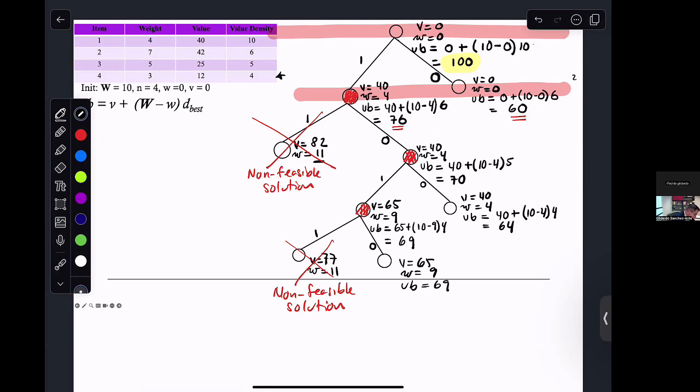And since there are no further items to pick, this is going to be the last option that I consider.